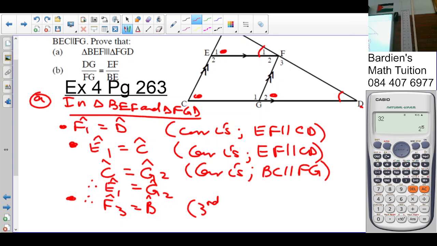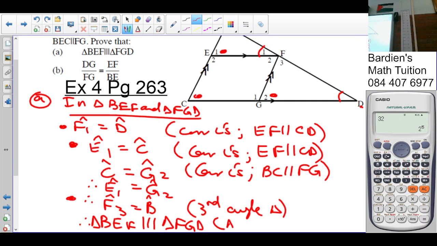It's the third angle of a triangle. Do we have enough to conclude similarity? Yes. So therefore triangle BEF is indeed similar to triangle FGD.